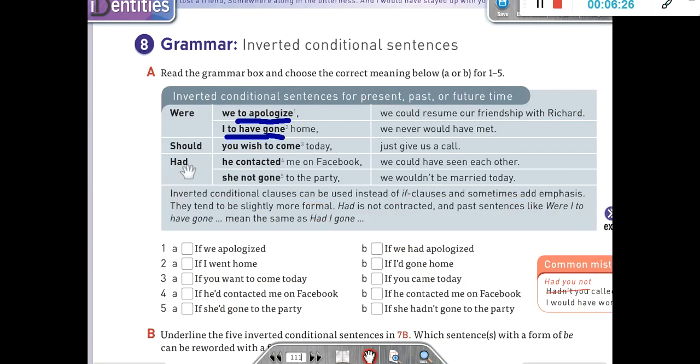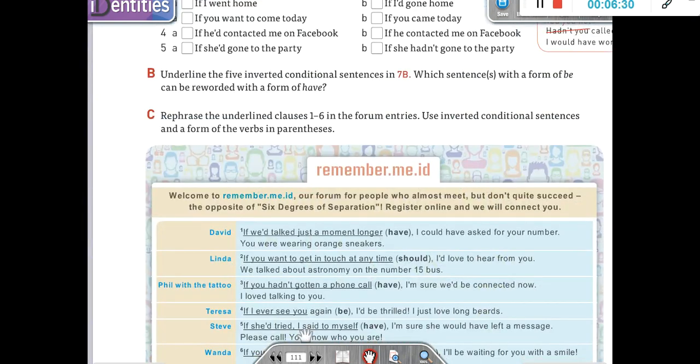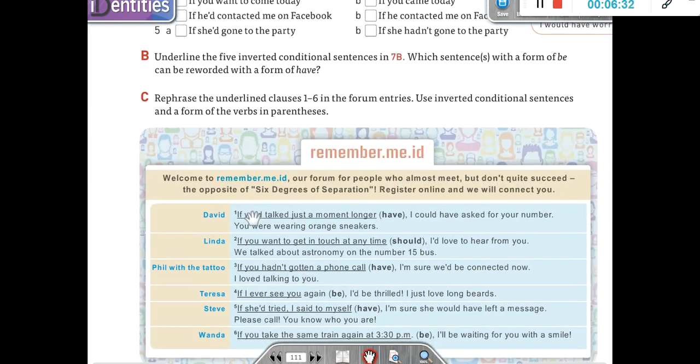Okay, I have here had. Okay, excellent. Now, how am I going to say it? I'm going to say goodbye to if, and we're going to take had and move it forward. What is the correct answer? Had we talked? One more time. Had we talked?